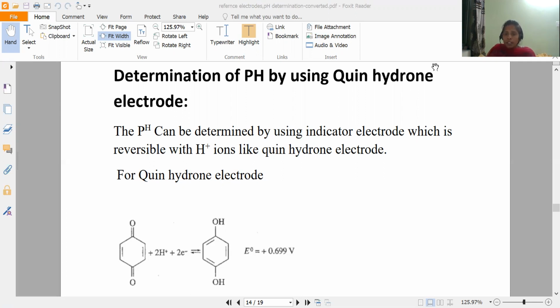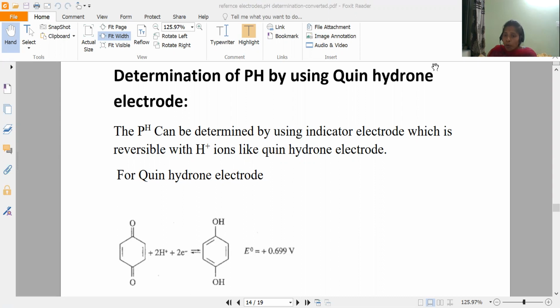One of the reference electrodes is the Quinhydrone electrode. The Quinhydrone electrode does not have a structure of its own; it is available in powdered form. How do we prepare the Quinhydrone electrode powder? By using quinone and hydroquinone, which are in equal concentration.